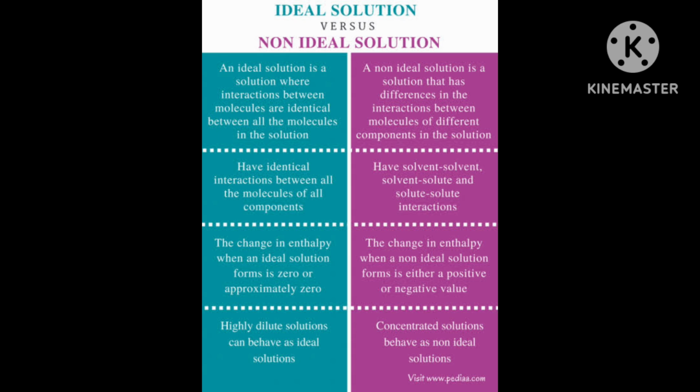That is P1 naught in Raoult's law, the vapor pressure of pure solvent, and here in Henry's law the constant is KH, the Henry's law constant. That's why Raoult's law is called a special case of Henry's law. Both equations differ only in the constant.